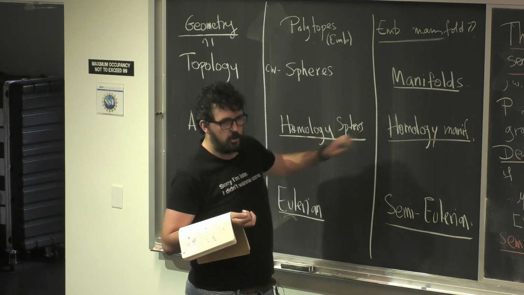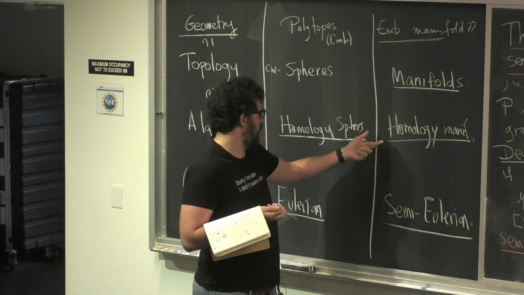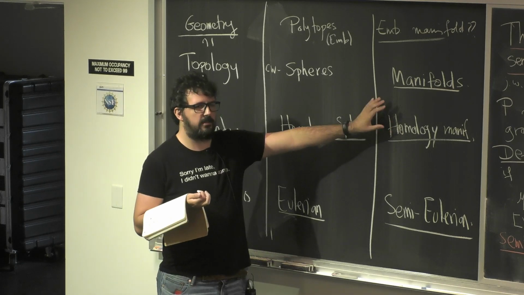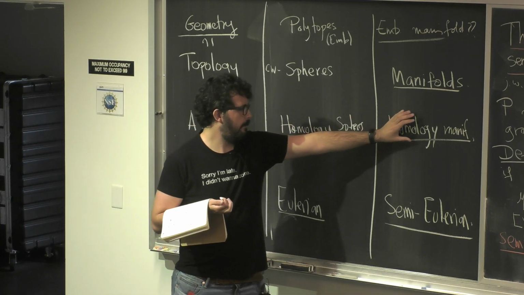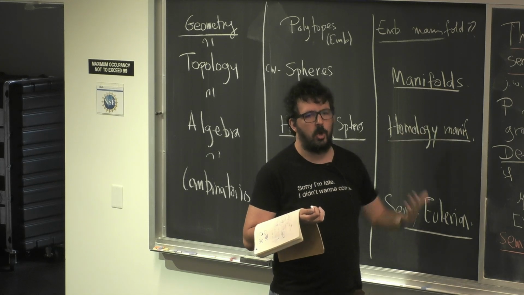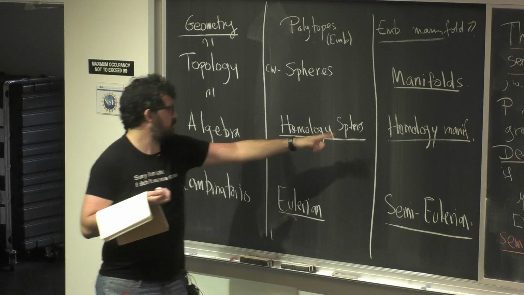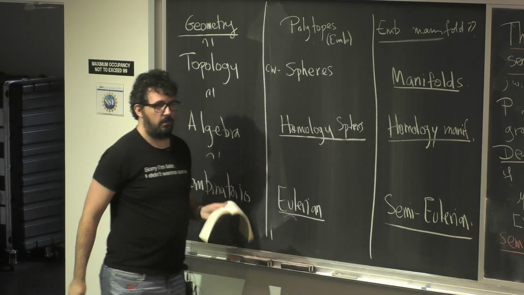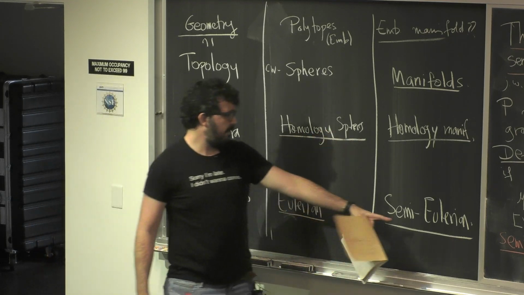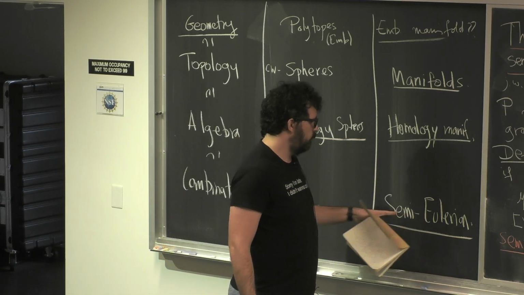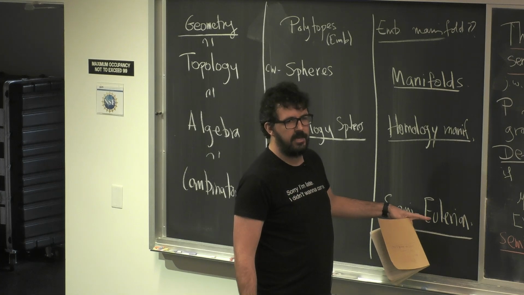And then I can think of homology manifolds, and this follows the same philosophy as a homology sphere. It's a space such that homology cannot tell it apart from being a manifold. This depends on a field. And semi-Eulerian is when the Euler characteristic cannot tell the difference between this and a manifold.